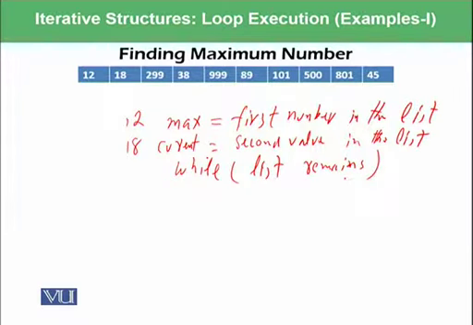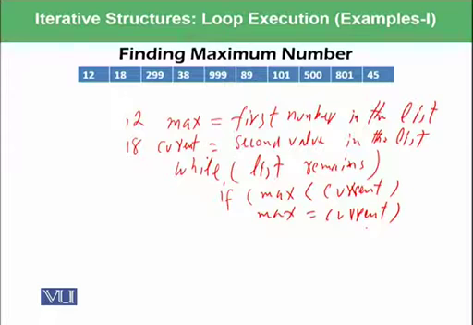So as long as we have any element in the list, we will keep executing this loop, and the condition could be: if max is less than current, max is assigned current, and current is assigned the next value in the list. So let's try to execute it.